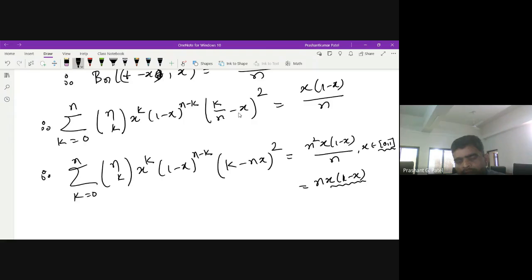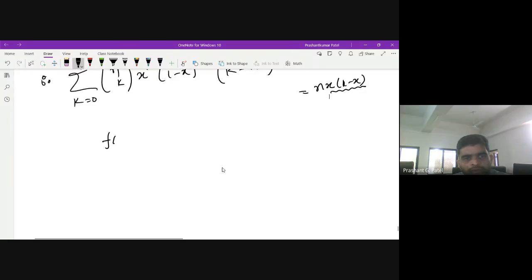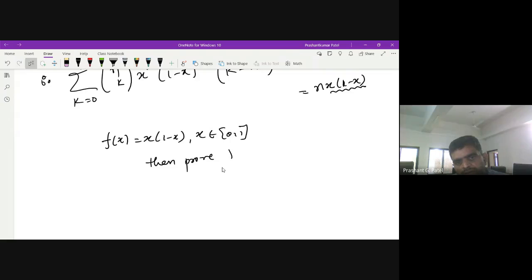has the maximum value 1 by 4, which I can give you as an exercise: if f(x) is equal to x into (1 minus x), with x between 0 and 1, then prove that f(x) is less than or equal to 1 by 4 for all x in (0, 1).